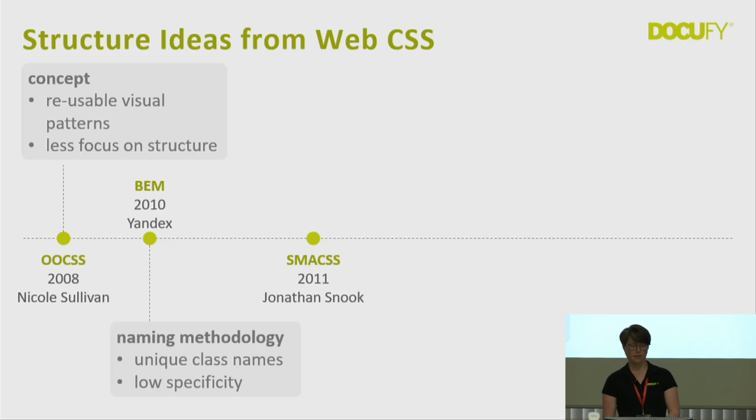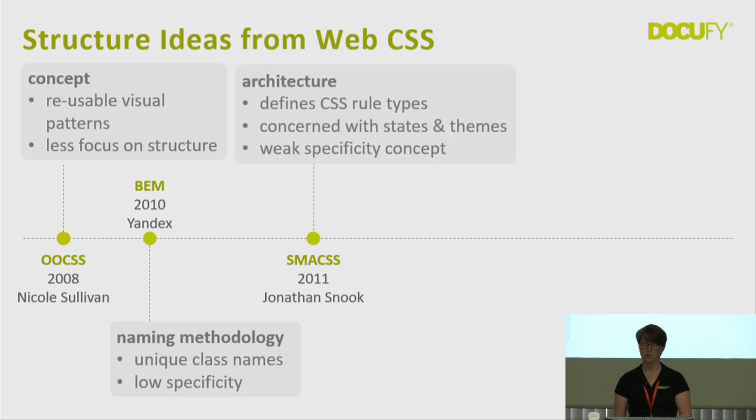From 2011, it started with some architectural ideas. The first one was SMACSS, which stands for Scalable Modular Architecture for CSS. It sorts CSS rules into some types, but those types are strongly inspired by the structure of websites, which makes them hard to adapt for print, really. And they do not offer a concrete concept for specificity.